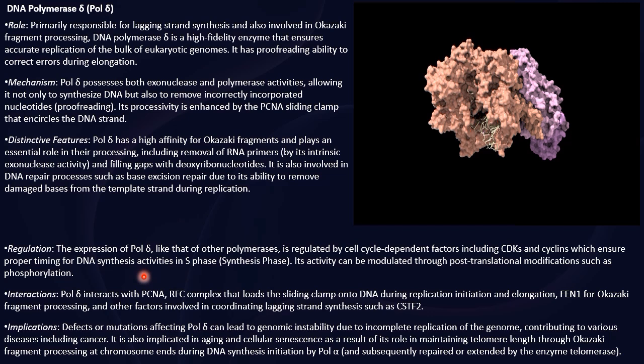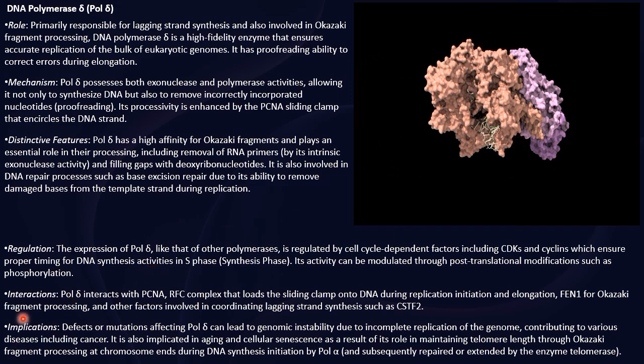Its activity can be modulated through post-translational modifications such as phosphorylation. Sometimes when some enzymes phosphorylate some subunits of pol delta, it can upregulate or downregulate the DNA replication process or even halt it.